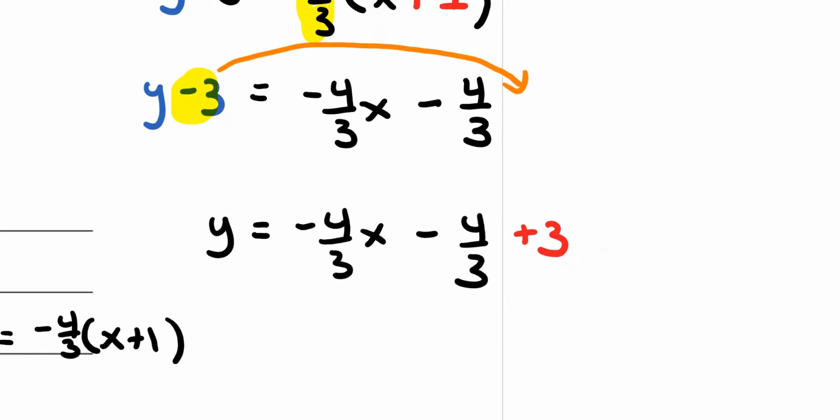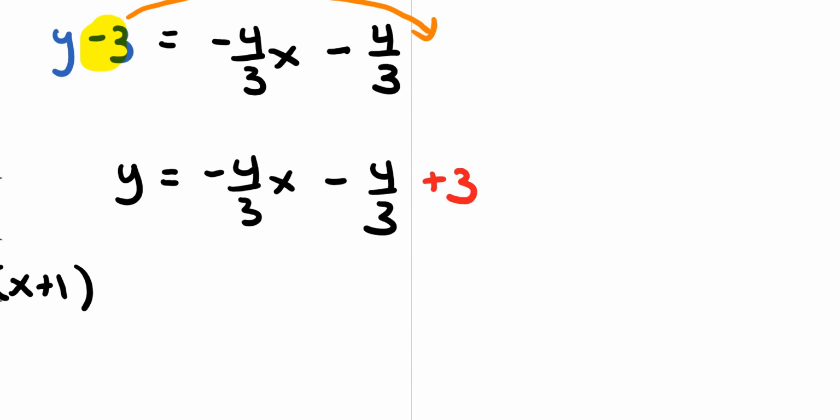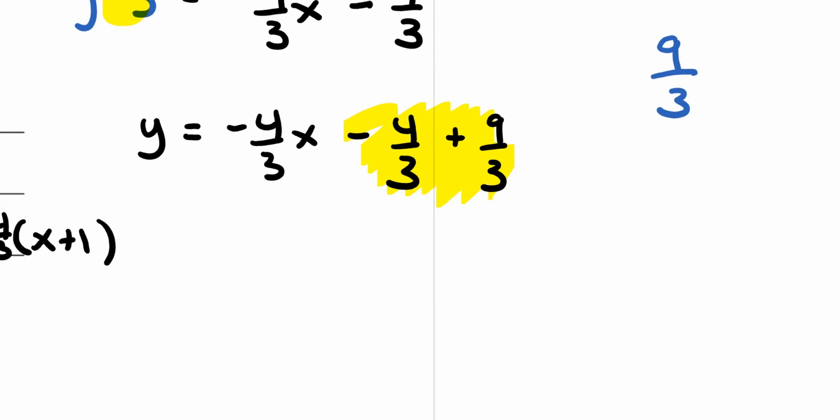All right, so now we're going to just simplify this, and this is really 3/1, so I would multiply the top by 3 and the bottom by 3, and if I do that, I get 9/3. So let me just erase this and write this as positive 9/3. And then go ahead and just complete that calculation there, -4/3 plus 9/3.